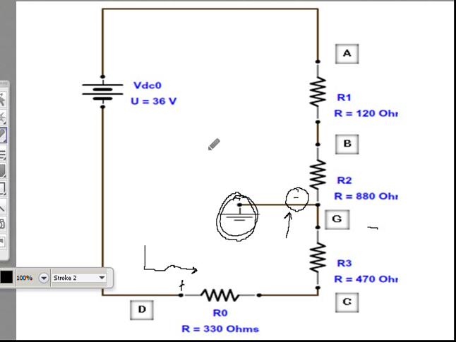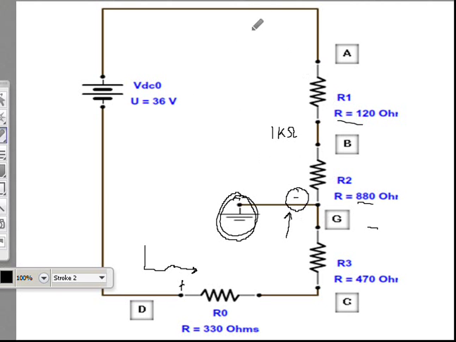Okay, if I do the math, say from point A to G, that means I've got resistor 1 and resistor 2, R1 and R2, 120 ohms and 880 ohms. So that's going to be a 1 k ohm circuit. Of course, I have to figure out what my total resistance is before I can do anything, because I've got no current, I've got no power, but I'm given all the information to get current.